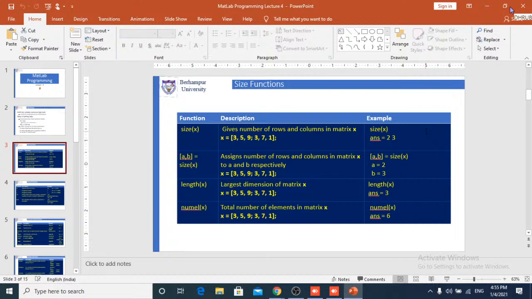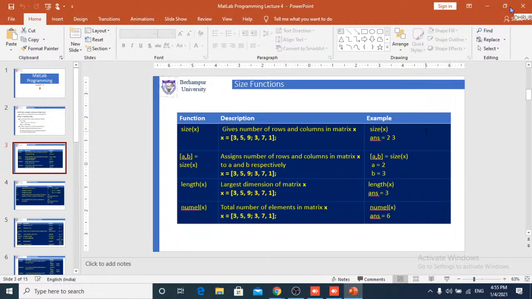Length is 3 because it is a 2 cross 3 matrix. Then NUMEL.